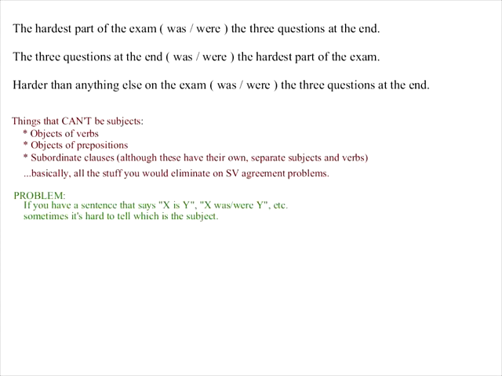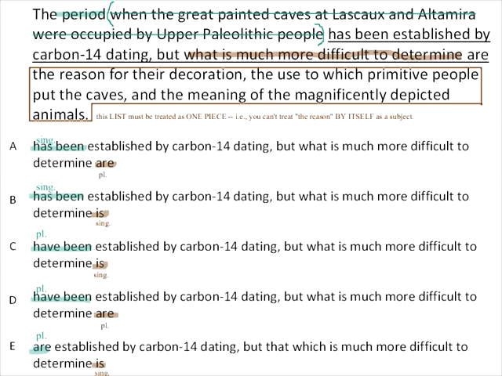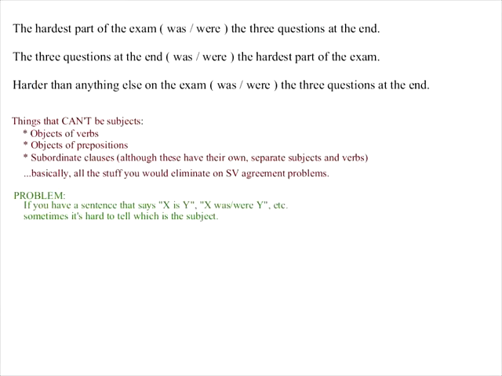For example, in the previous problem, the majority of you misidentified the subject. Because we have what is much more difficult to determine is blah, blah, and a lot of you, if not most of you, thought the blah, blah was the subject. So here's the rule. The solution is surprisingly simple, actually. It's kind of cool.